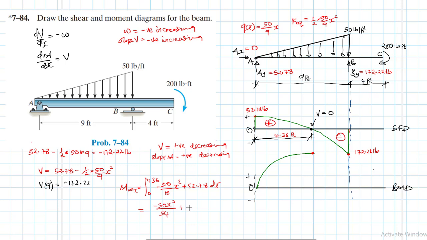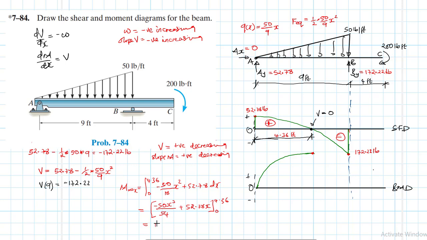And then plus 52.78x. And our integration limits are from 0 to 4.36. Therefore, if we plug that value in there, this is what we expect. We want to find that maximum moment: minus 50 over 54 times 4.36 cubed plus 52.78 times 4.36.